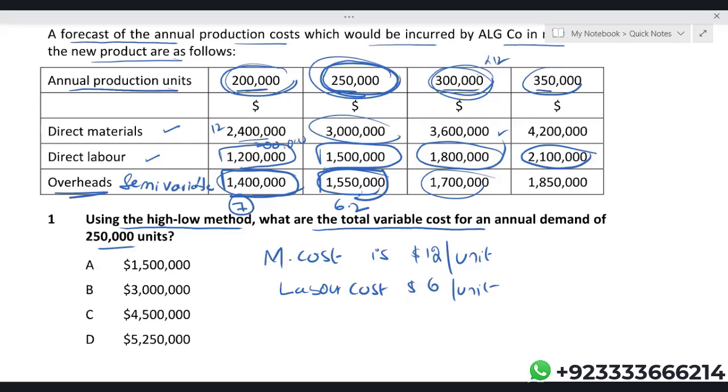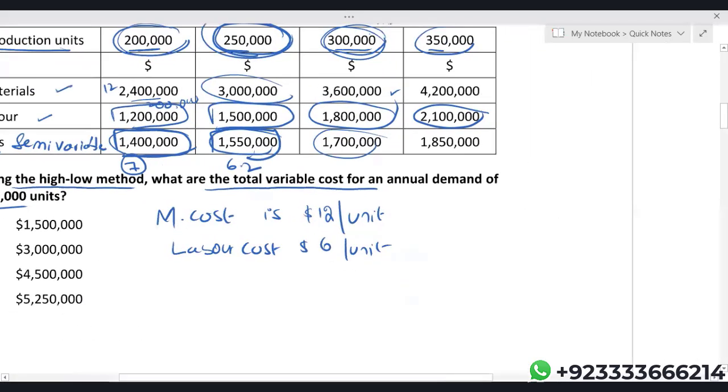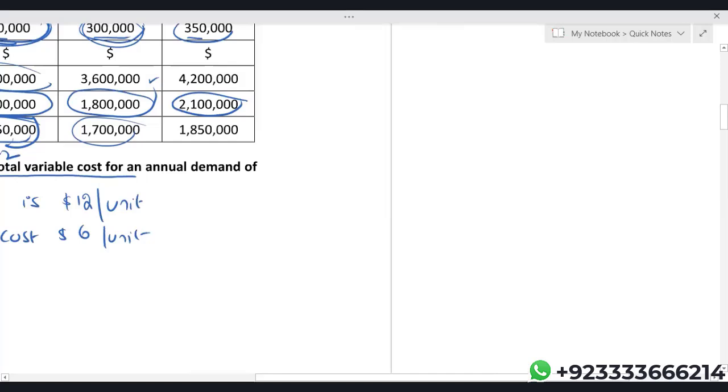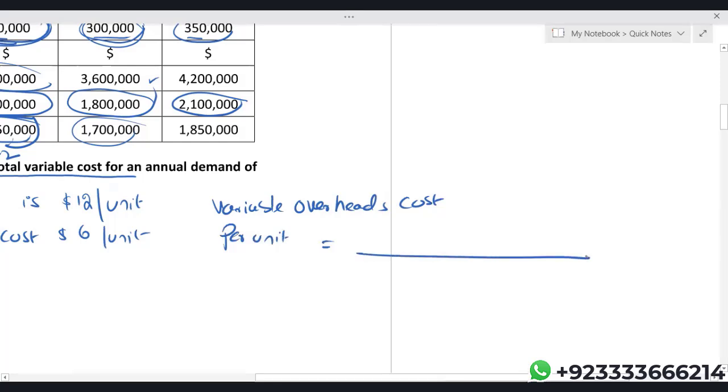So how to split the semi-variable cost into variable and fixed? You have to use the high-low method. Now the question is how to use it. It's very simple. Let's use the formula. Variable overhead cost per unit is equal to, by the high-low method, check at the highest activity level what the cost is.